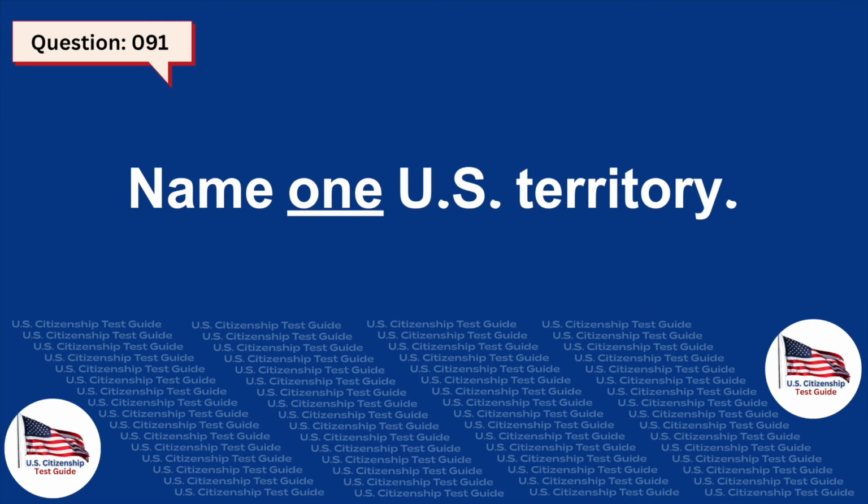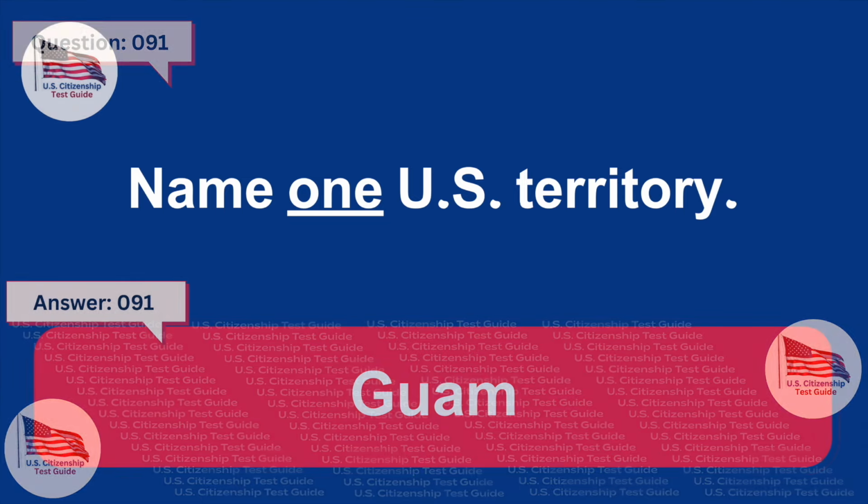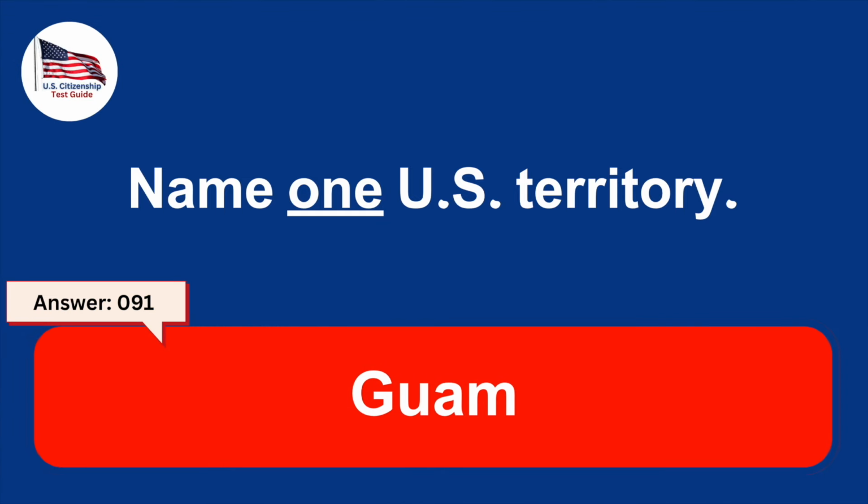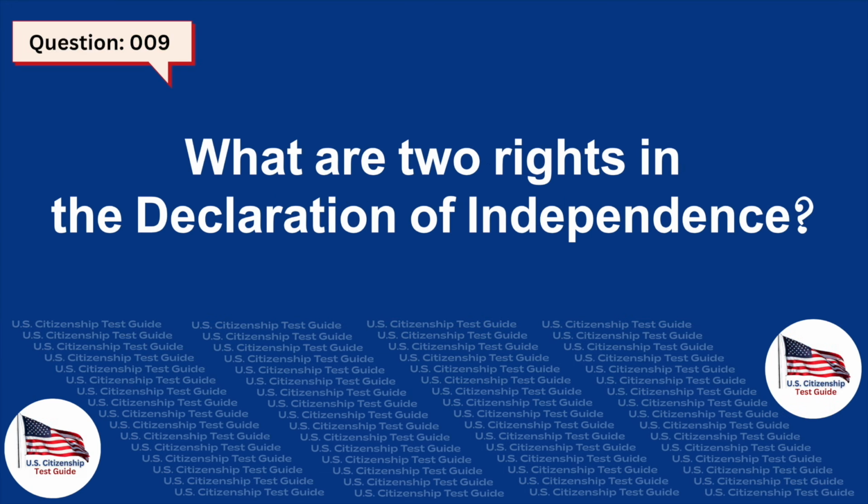Name one U.S. territory. Guam. What are two rights in the Declaration of Independence?